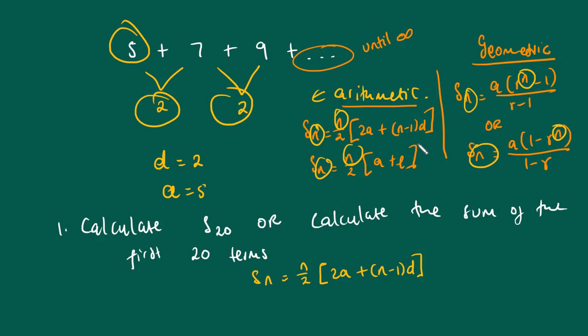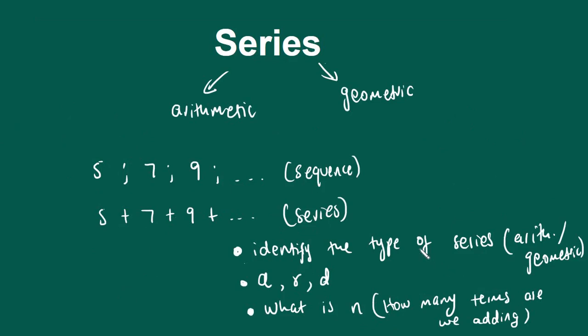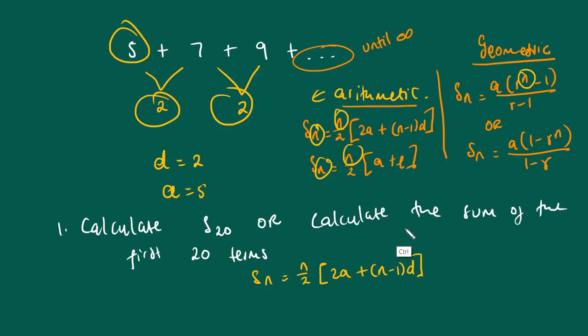Actually, to put it nicely, it's the first number of terms you are adding, but you can just say how many terms you are adding. That is your n there. Right. So now that we know that, n here would be those 20 terms that we are adding. So you say sum of 20 terms.